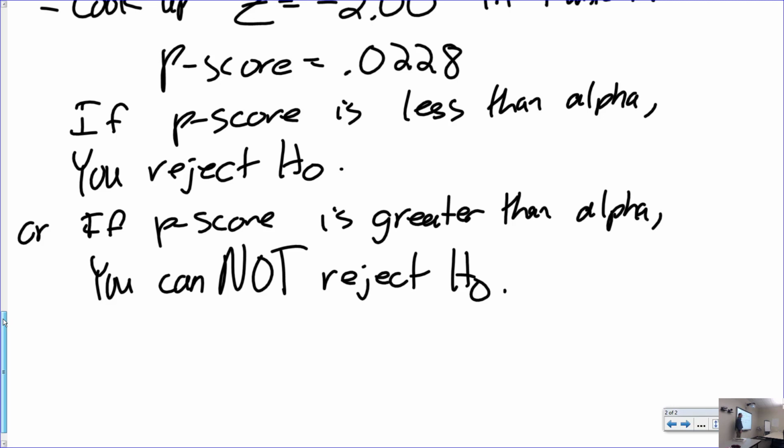Because if I wanted to reject this data, I could do my analysis at the 0.05 level so that I can reject. But if I'm paid by another group that says, I'm only going to pay you if you don't reject, I can do the exact same study, change my level of significance to 0.01, and say, sorry, I cannot reject this data. And it's the same set of data.